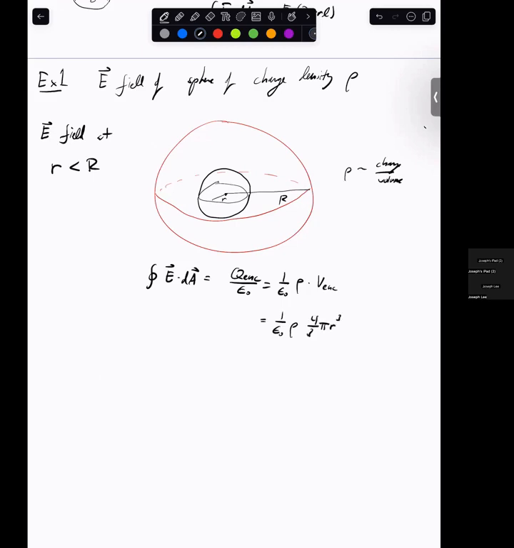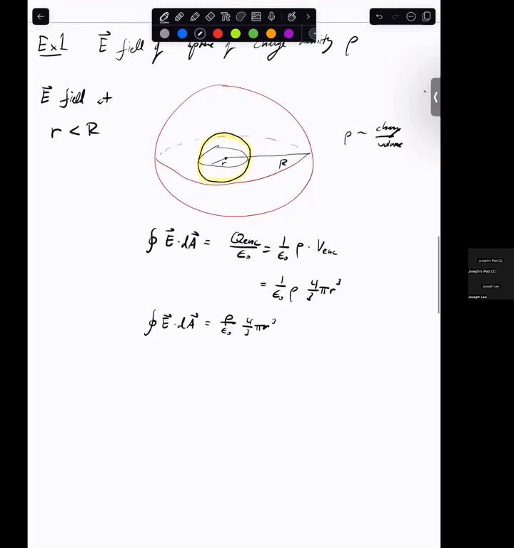We're using small r here because we only care about the sphere. So using our symmetry argument, the left-hand side should become E times the surface area, which is 4 pi r squared.